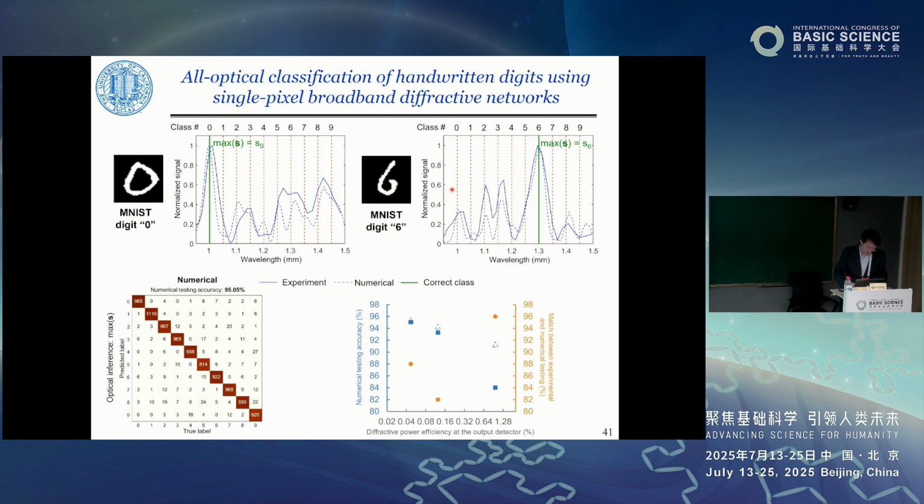In contrast, for the other digit objects, the field of view remains blank or diffuse, indicating that these non-target inputs are optically erased. The high consistency between the simulations and experiments confirms the accuracy of the optical design and 3D fabrication, and both validate the feasibility of using diffractive networks for performing class-level filtering entirely in the optical domain.